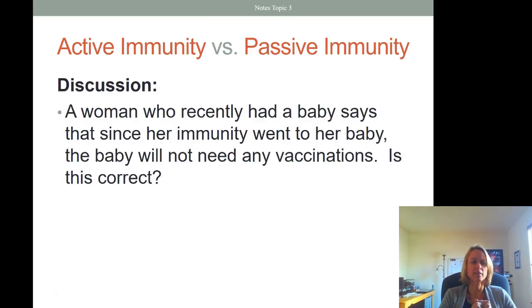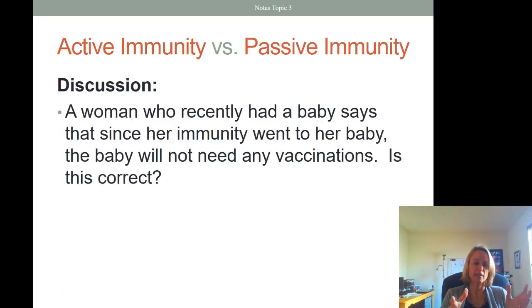Okay, let's talk about this discussion, active versus passive immunity. So a woman who recently had a baby said that her immunity went to her baby and that the baby will not need any vaccinations. Is this correct? Well, let's think about it for a minute. Did the baby get the immunity from her mother? Well, the baby got antibodies from the mother, both before birth and then, if she was breastfeeding, in that colostrum.